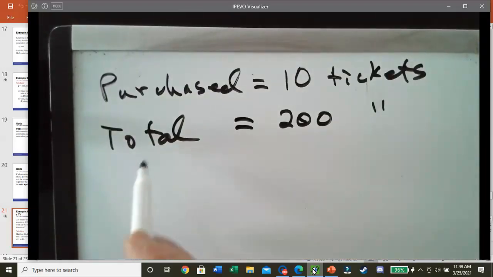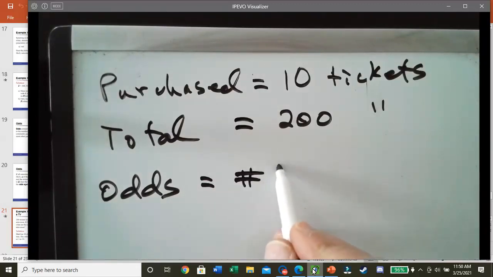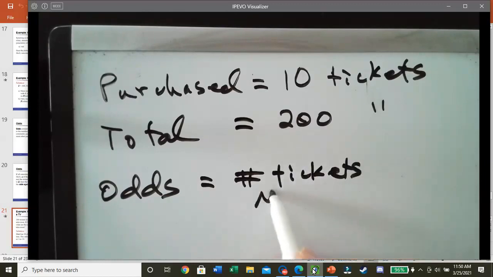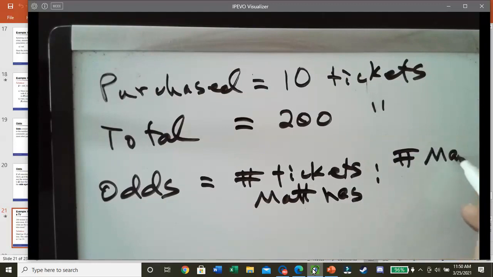So you have to look at the odds. The odds of getting a TV set are going to be the number of tickets that Matt purchased to the number that Matt does not have.